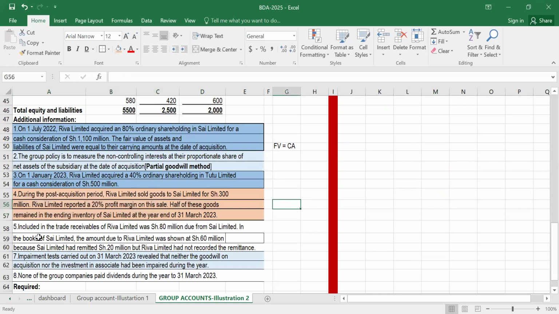So in point number 5, we are told included in the trade receivables of BV was shillings 80 million due from ZT Limited, and then in the books of ZT Limited, the amount due to BV was shown as 60 million, because ZT Limited had remitted shillings 20 million, but BV Limited had not recorded the remittance.